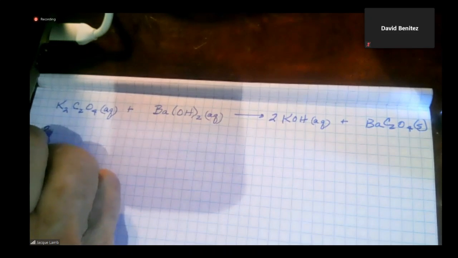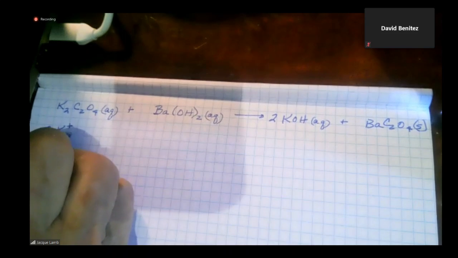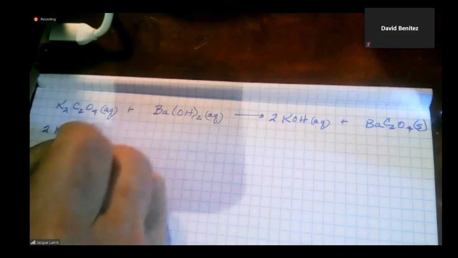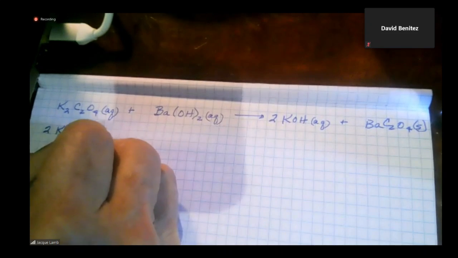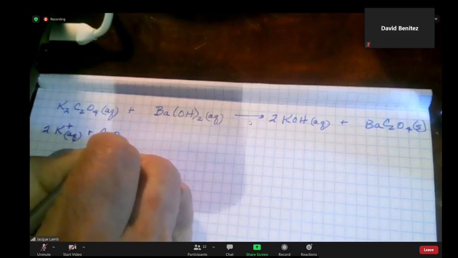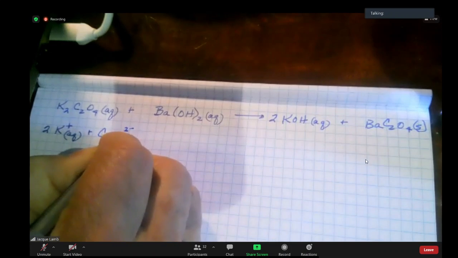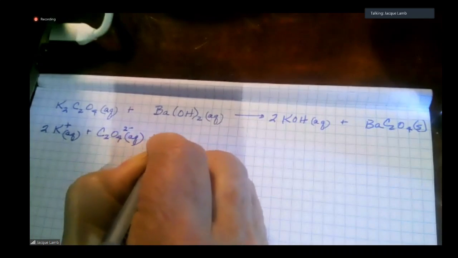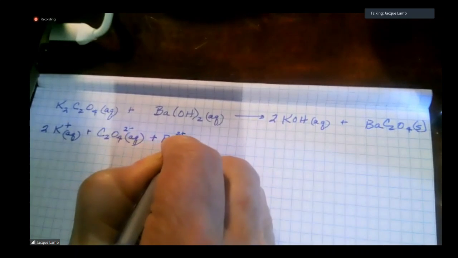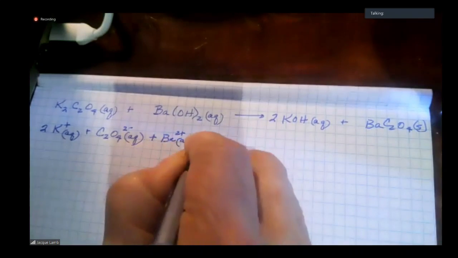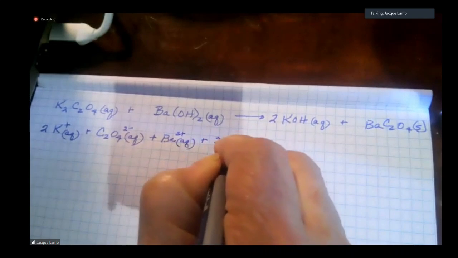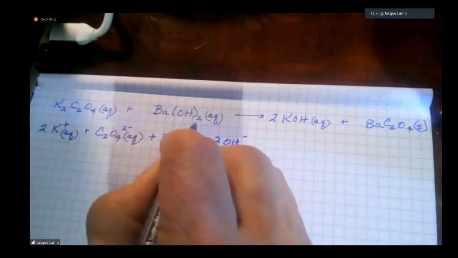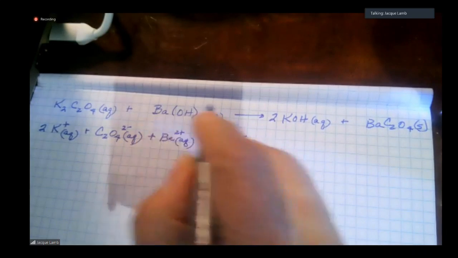So I have 2K+ aqueous plus oxalate plus barium ion, Ba2+ aqueous, plus 2 hydroxides. Again, remember that this 2 becomes a coefficient.